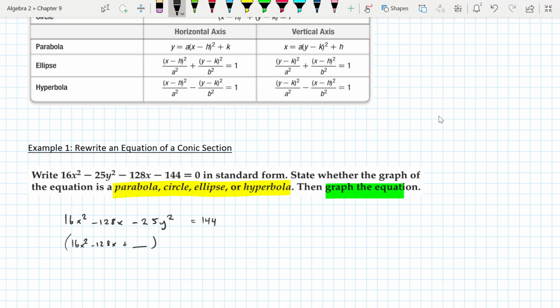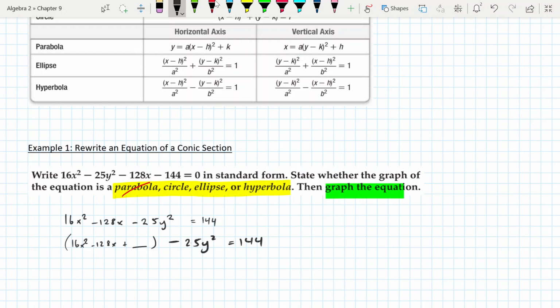And already, based on seeing that there's an x squared and a y squared, I know it's not going to be a parabola. Plus, I guess I should do negative 25y squared, because that is a perfect square on its own, equals 144. All right.